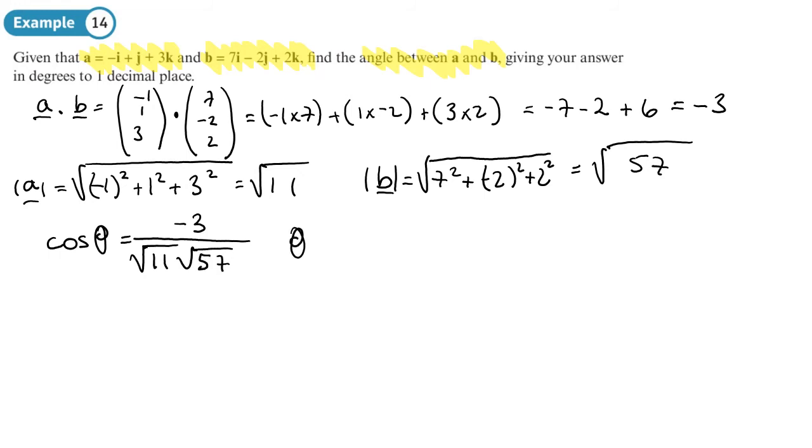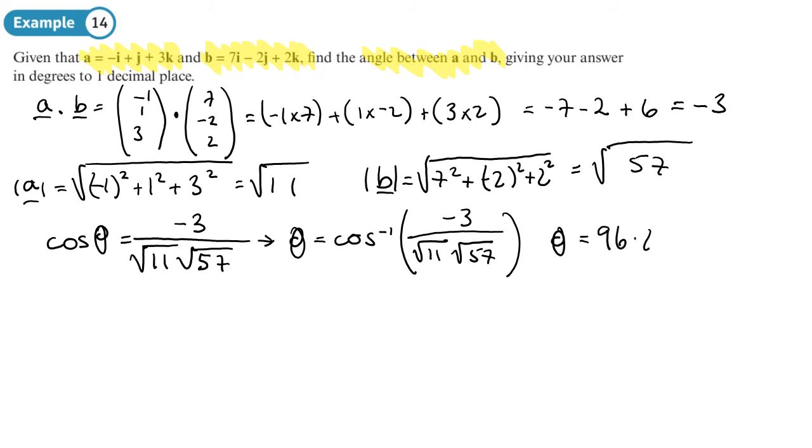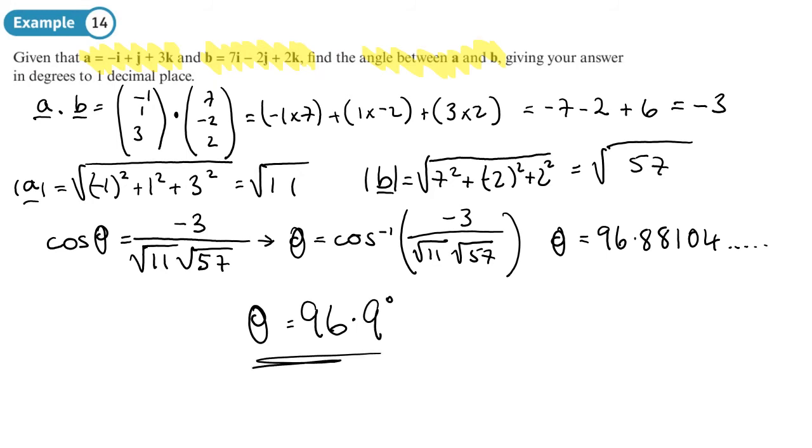So then the angle is going to be the cos inverse of that: -3 over root 11 root 57. That will give us theta equal to 96.88104, which means that theta equals, one decimal place, 96.9 degrees to one decimal place.